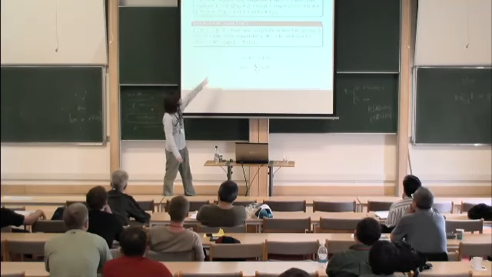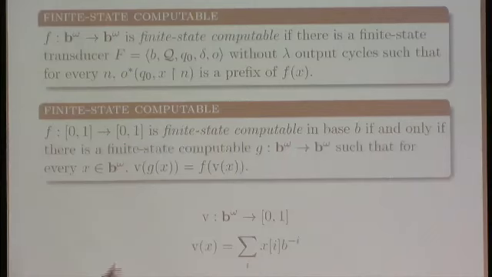Here B is the function that maps the sequence to the real numbers in the obvious way. Here is the formal definition: it's the same to take a sequence and go to the real numbers and calculate f, or to first calculate g with the machine and then go to the real numbers.